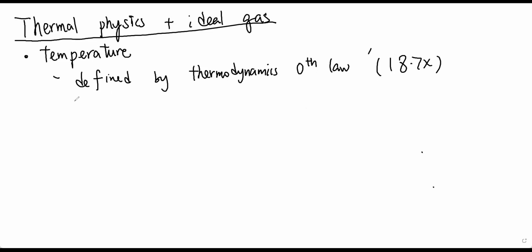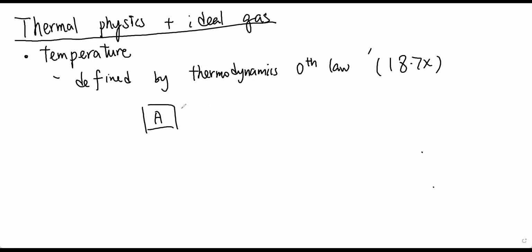Let's take a look at how we define the law. Although you don't need to learn the details of this law in your syllabus, I'll just tell you how to define it.